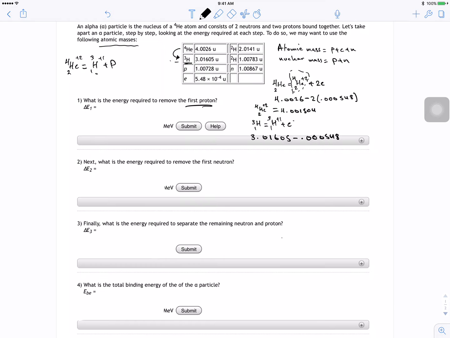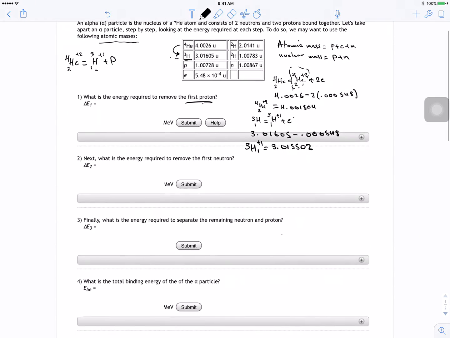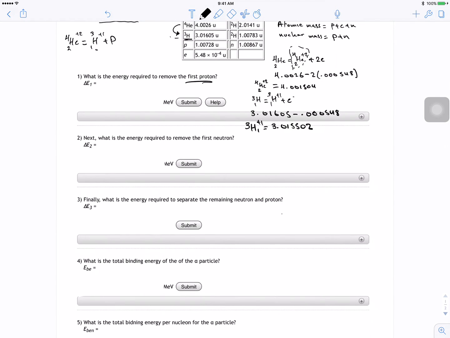When we take the electron from it, it has a positive charge. I don't want to confuse you with this. So for H 3, 1 plus, the answer is 3.015502.